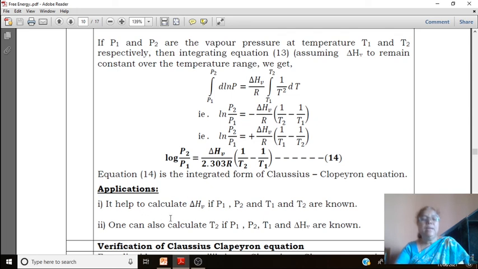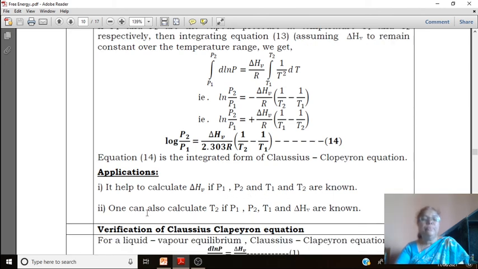And here we see the applications of the Clausius-Clapeyron equation. This equation helps to calculate delta Hv if P1, P2, T1 and T2 are known, and one can calculate T2 if P1, P2, T1 and delta Hv are known.